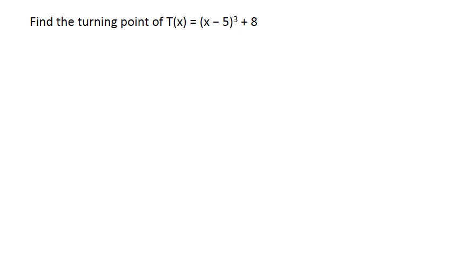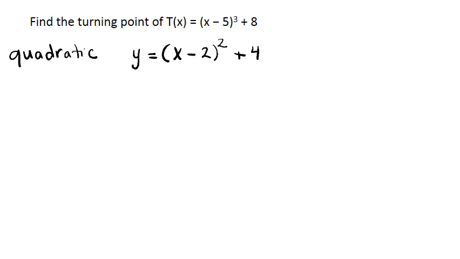So this is a different question from the one that you have on your test, but it's just the same idea. How do you find the turning point of a cubic function? Well, remember that if we had a quadratic function, y equals (x minus 2) squared plus 4, the vertex would be the (h, k), (2, 4).